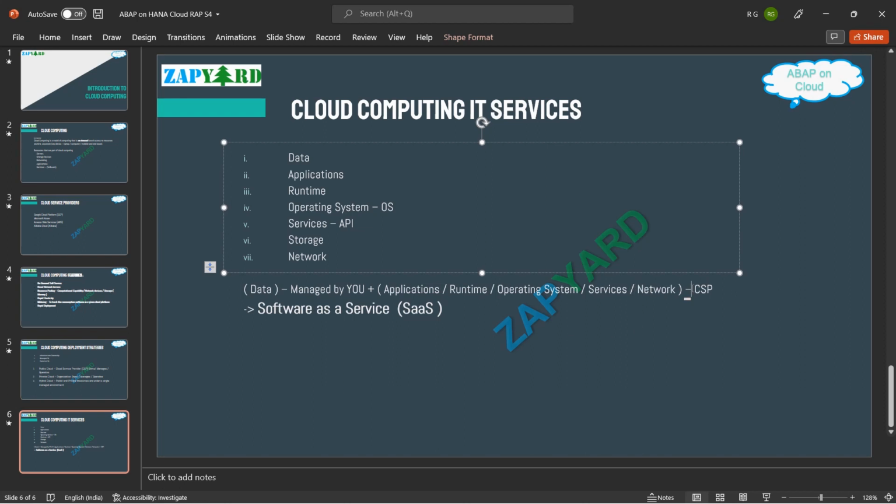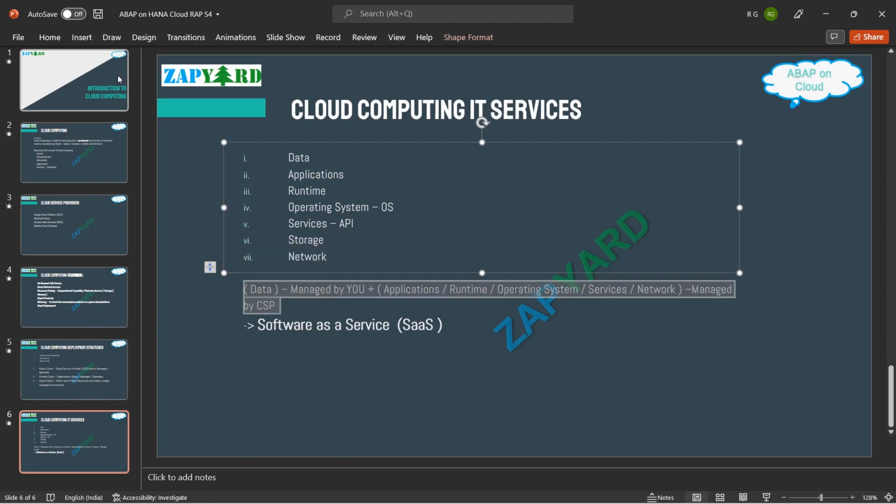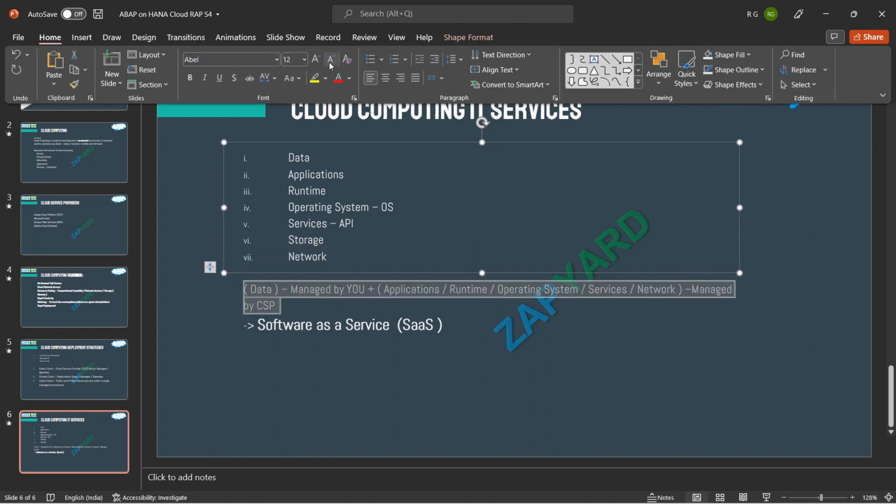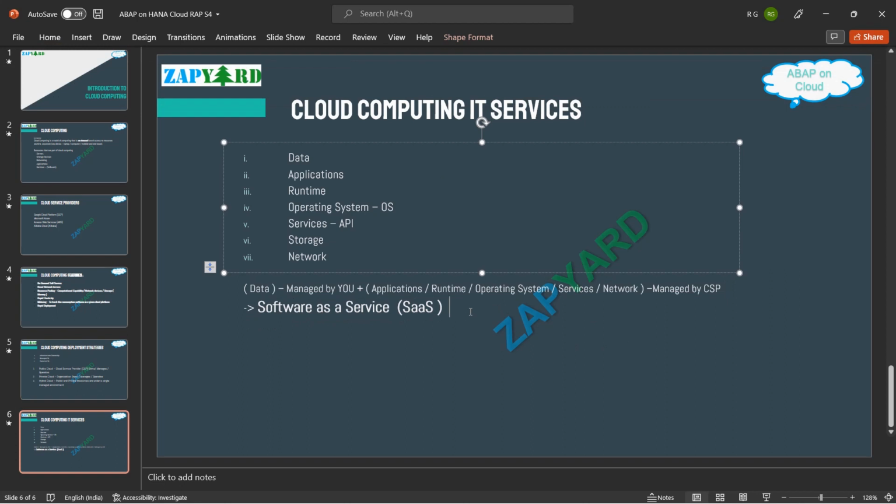So this essentially reduces the risk, and it is also profitable for scaling, like upscaling or downscaling. So this is one kind of service.